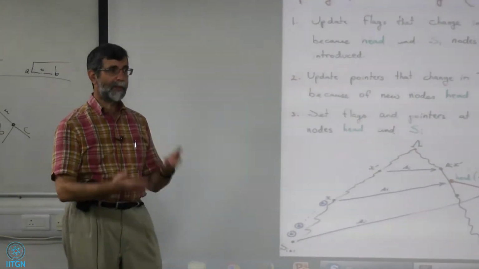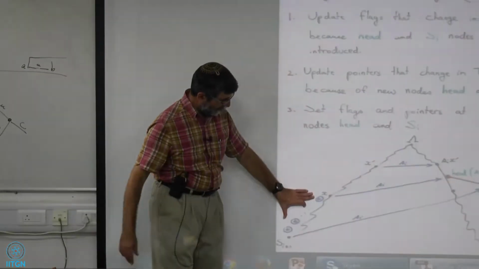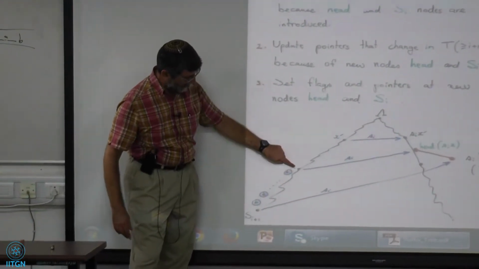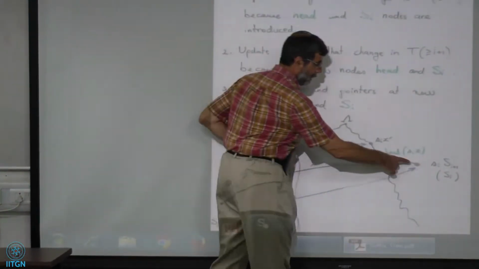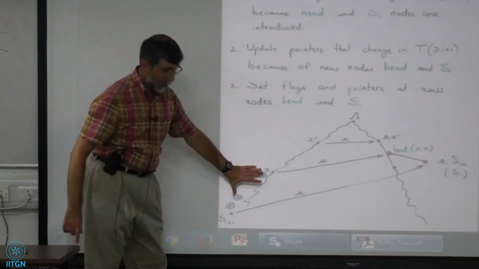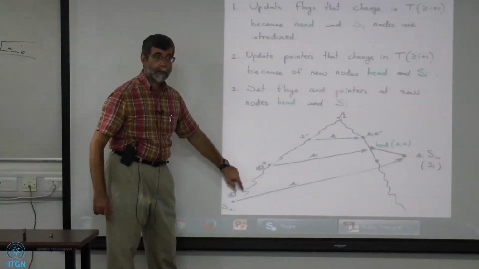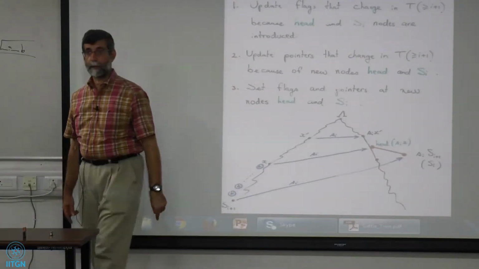There was a pointer, the node is there, so the pointer stays. However, we're going to need new flags in the entire path from Si+1 to X, because this entire edge is Si followed by these guys. So all the nodes from here to here are going to have Si flags.